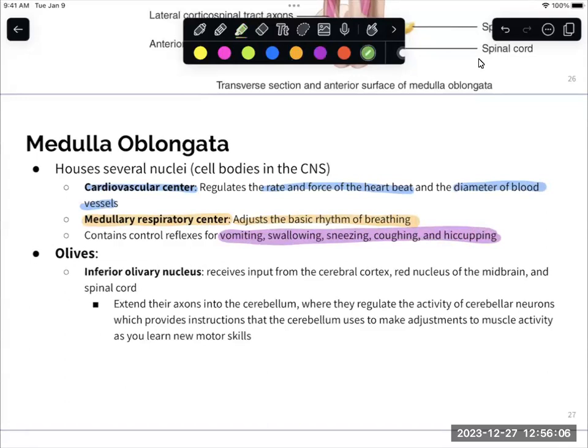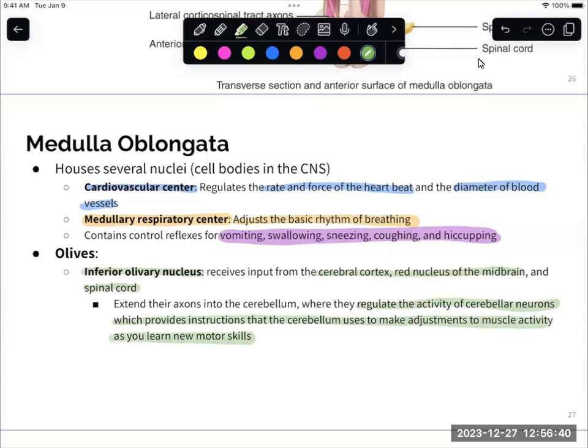We have olives. So we have an inferior olivary nucleus. This is receiving input from the cerebral cortex, the red nucleus of the midbrain, and that spinal cord. So this is where activities are regulated. So of those cerebellar neurons, they're going to provide instructions that the cerebellum uses to make adjustments to different activities.